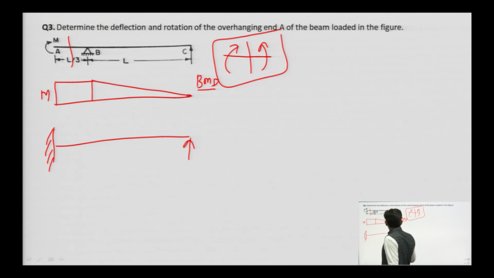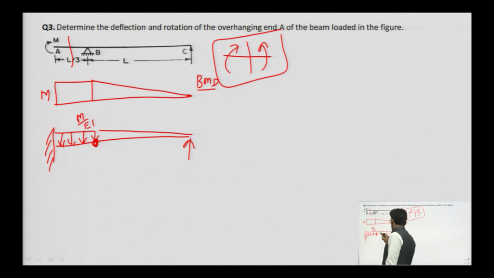This inner hinge will be replaced by an internal hinge, and the loading will be M upon EI, if EI is the same throughout.